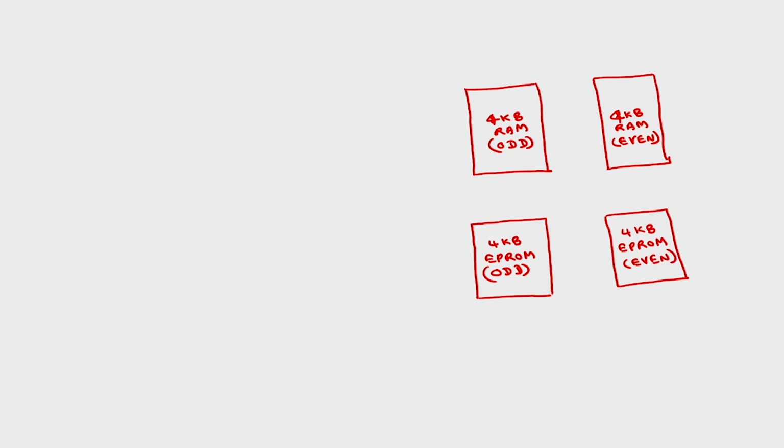So what are the different signals for these 4K RAMs and 4K ROMs? How many data lines and how many address lines will we have? This will have 12 address lines, because 2 raised to the power of 12 is 4K.